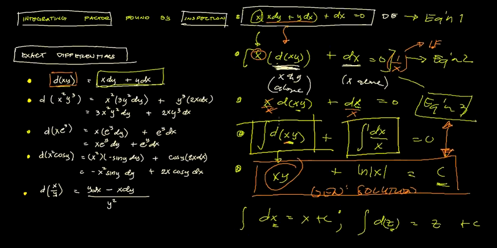So we have this first term and second term, and each is totally integrable independently. That is our goal. So we need to do a lot more modifications in our original, or in our given DE.